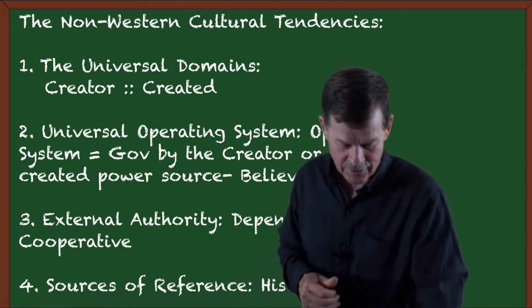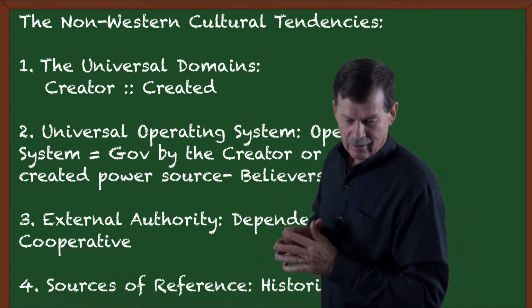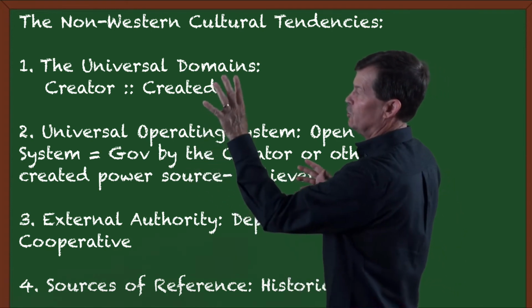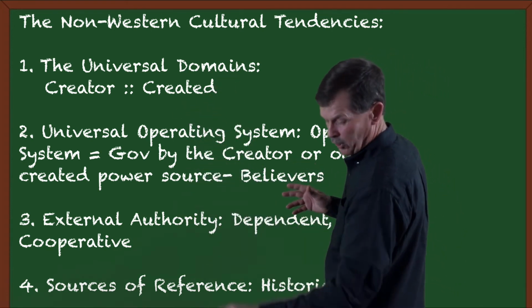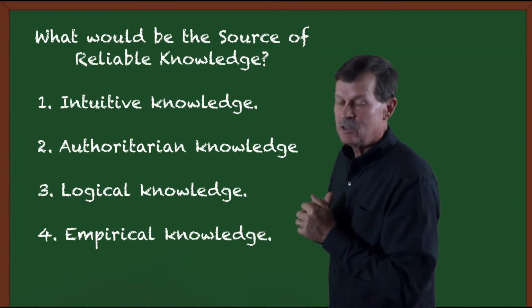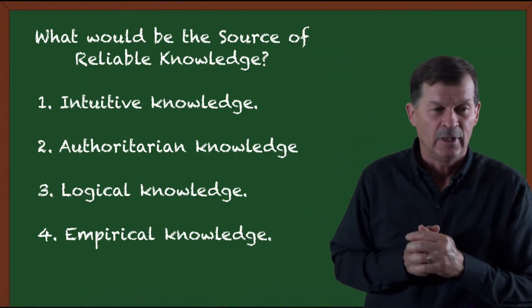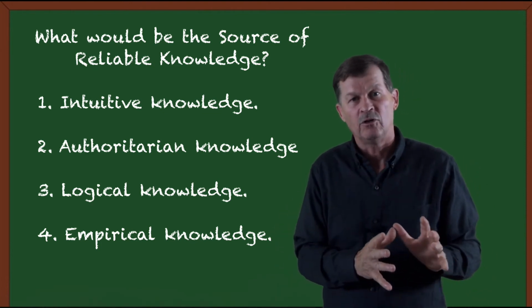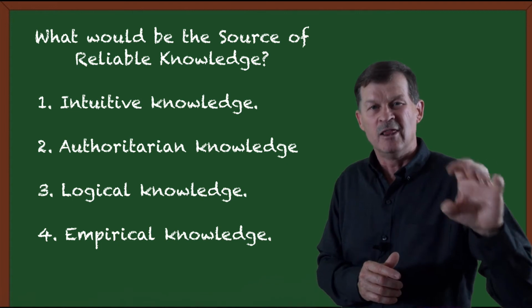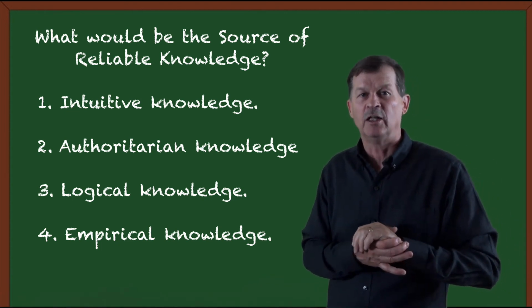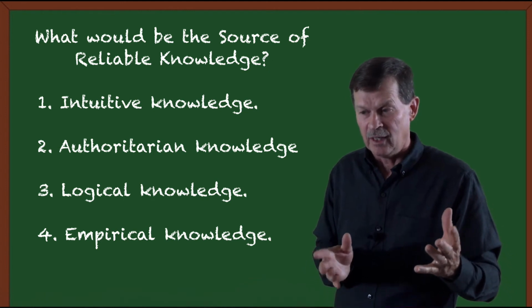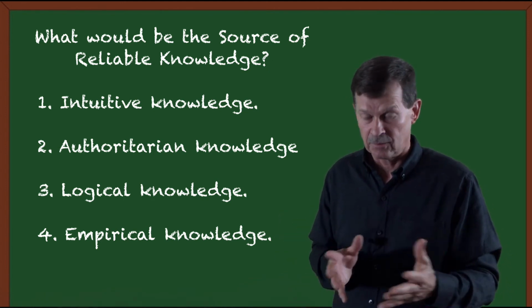So what would be then, based on those operating systems, what are their sources of knowledge? What would be the source of knowledge? In the Western house, the source of knowledge was chosen as logical knowledge, and that is reason-based, human reason-based.